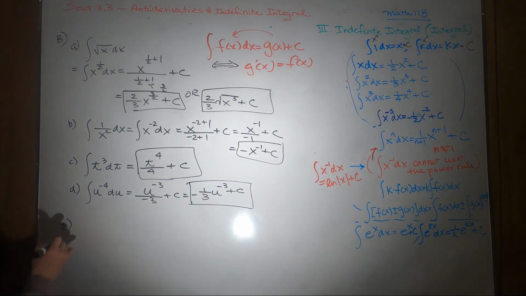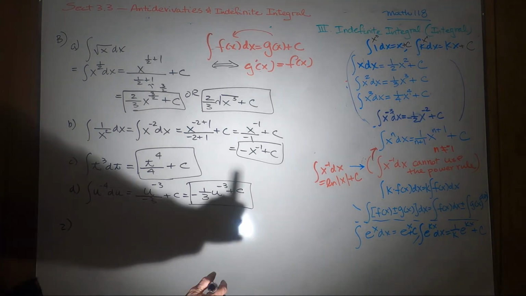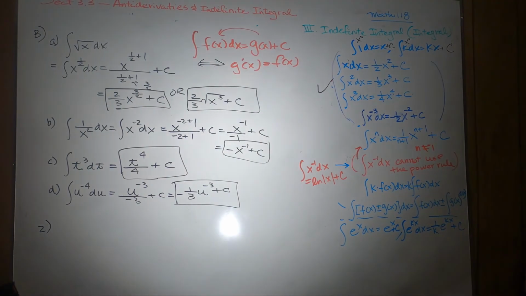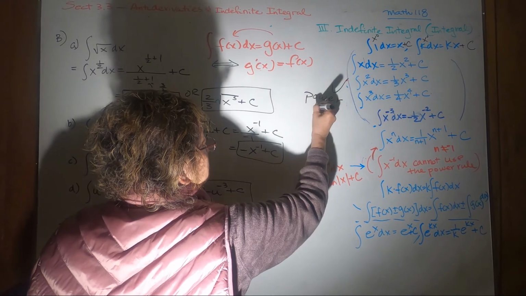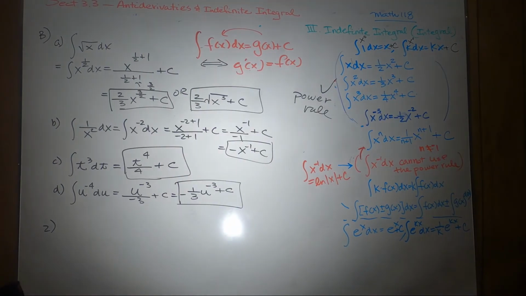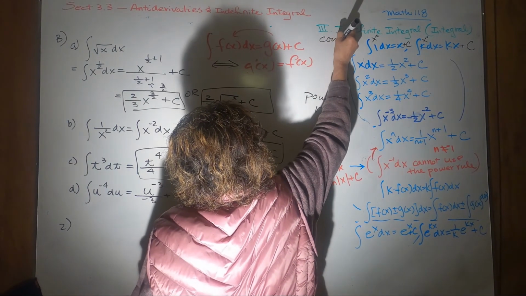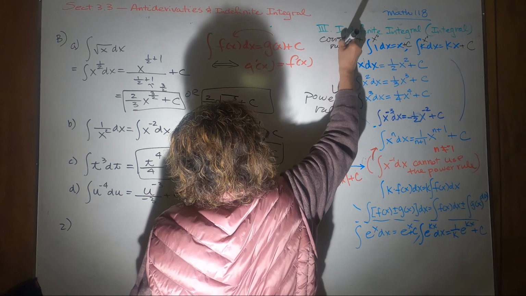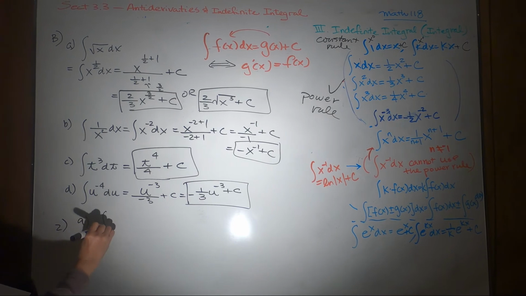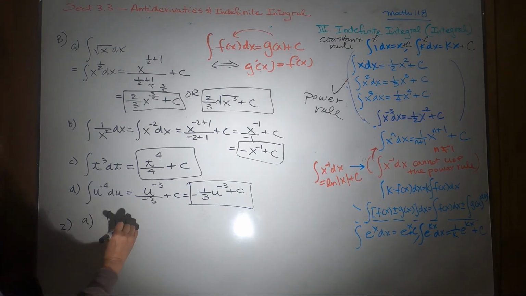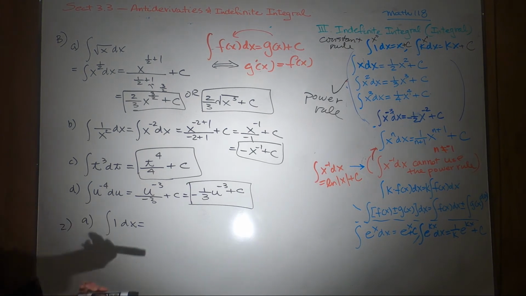Okay, so let's look at page 65. So we just did this one, right? The power rule. Then let's do some constant rule. Okay, so if I have the antiderivative of 1 against x, if against u, I should get a u.